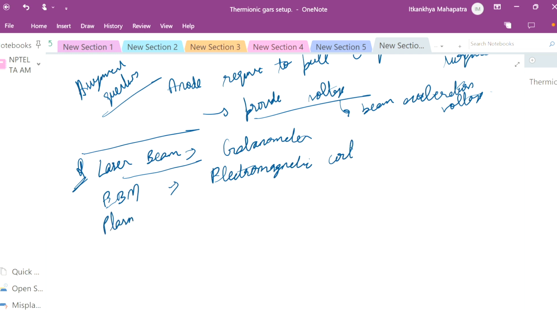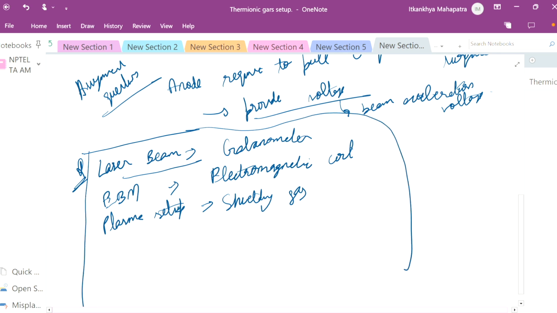Plasma method, shielding gas. This is the summary which I am doing. I think you will be clear till now.